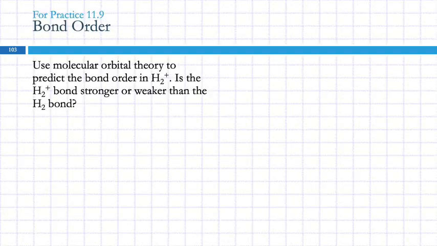So use molecular orbital theory to predict the bond order in H2+. Is the H2+ bond stronger or weaker than the H2 bond? So here I have hydrogen, and here I have another hydrogen. One of these is going to have to be positive.